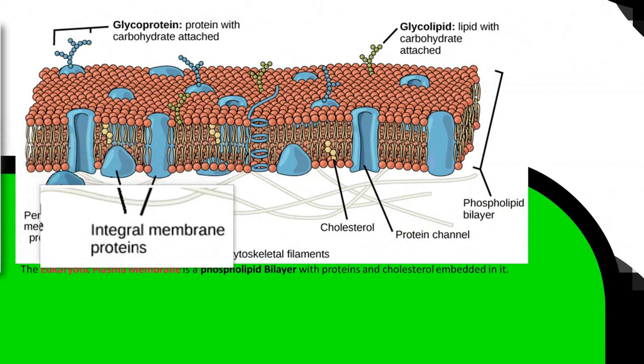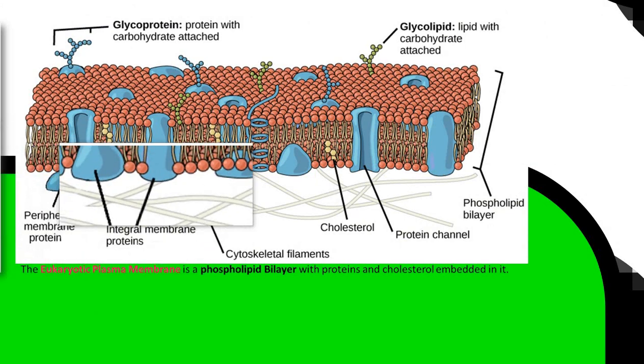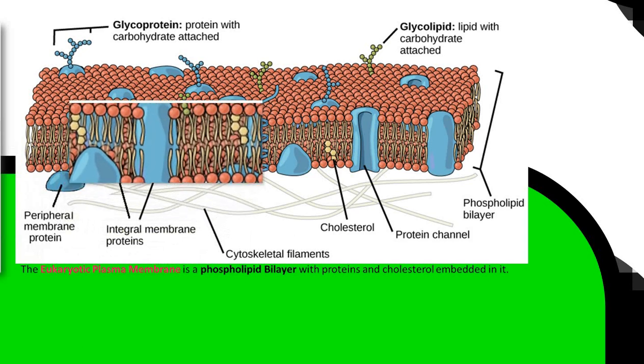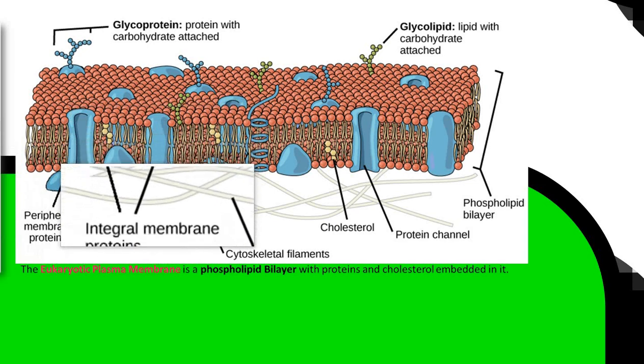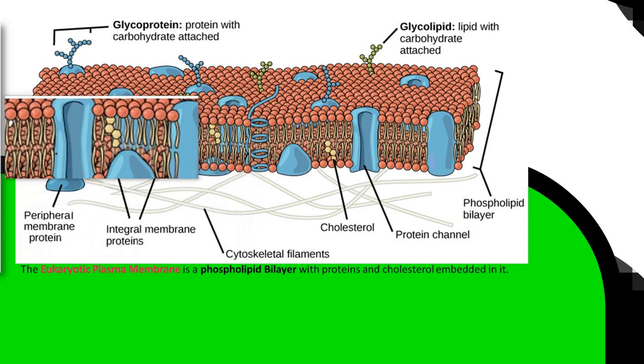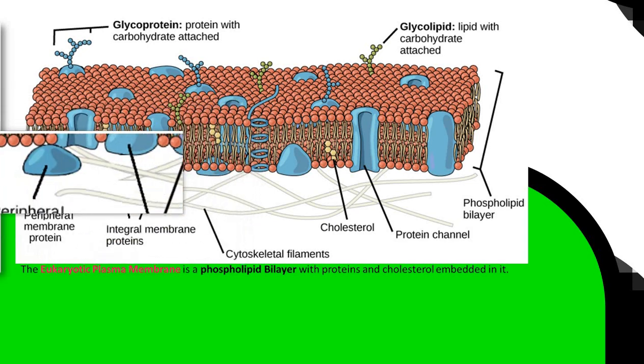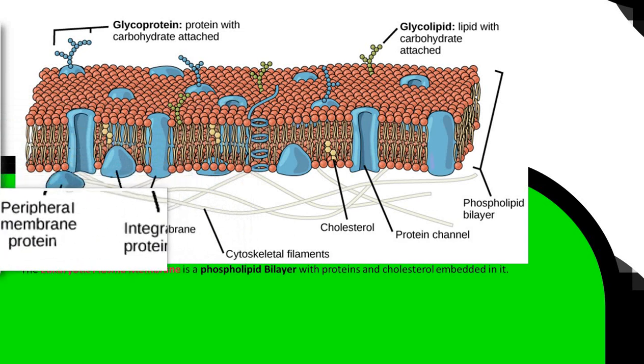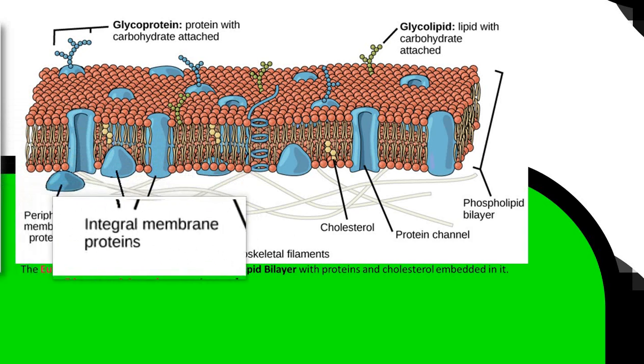And here we can see the integral membrane proteins. These are buried or embedded within the plasma membrane. So mainly it contains a lipid bilayer. The proteins attached to the surface are called peripheral membrane proteins, and the proteins buried or embedded within the membrane are known as integral membrane proteins.